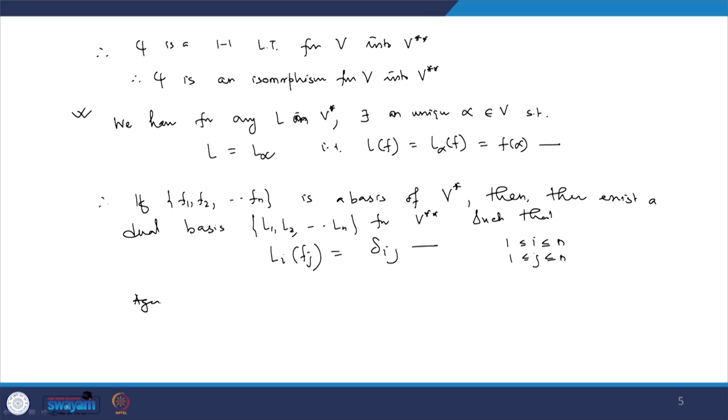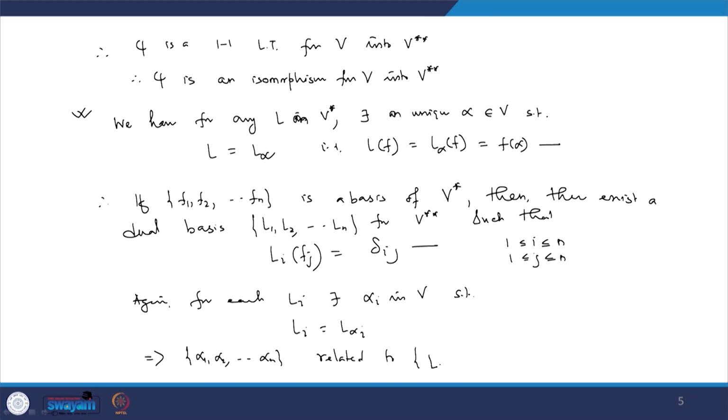Again, for each Li there exists alpha i in V such that Li equal to L alpha i. Previous result says that for each Li there exists alpha in V such that Li equal to L alpha i. So, this implies one will get alpha 1, alpha 2, alpha n related to L1, L2, Ln.